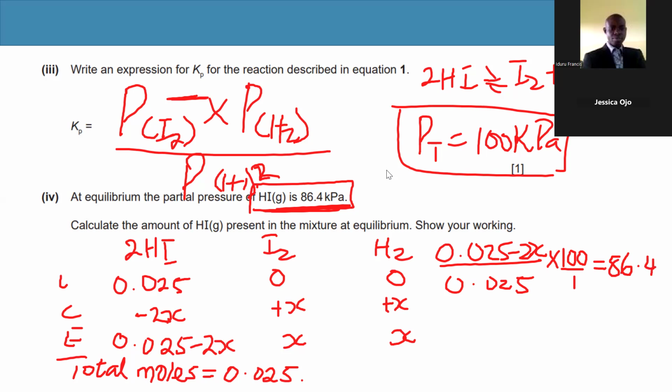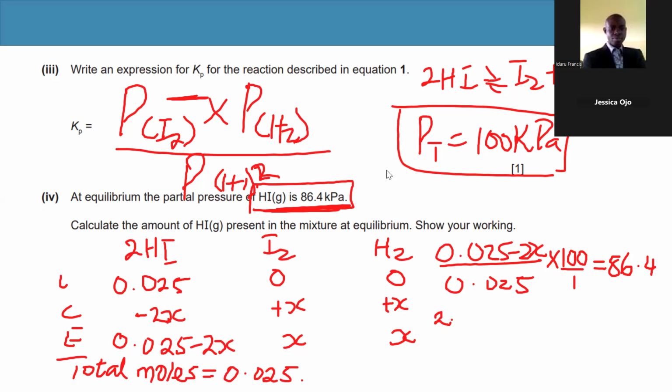So we can cross multiply. 0.025 times 100 will be 2.5.